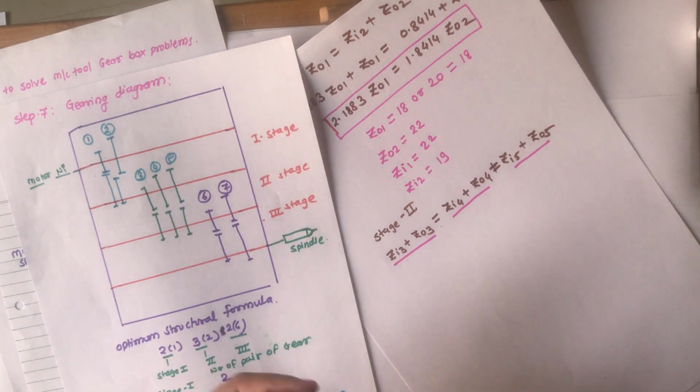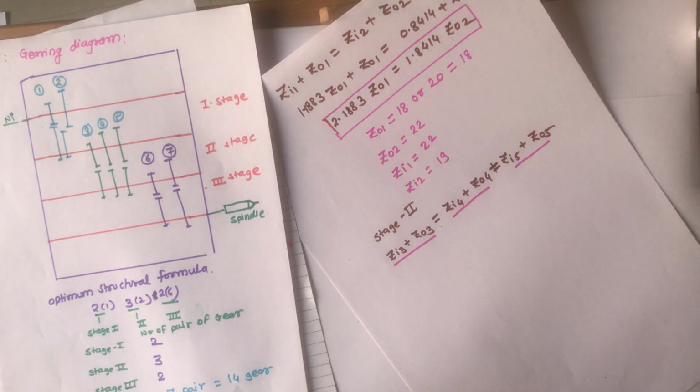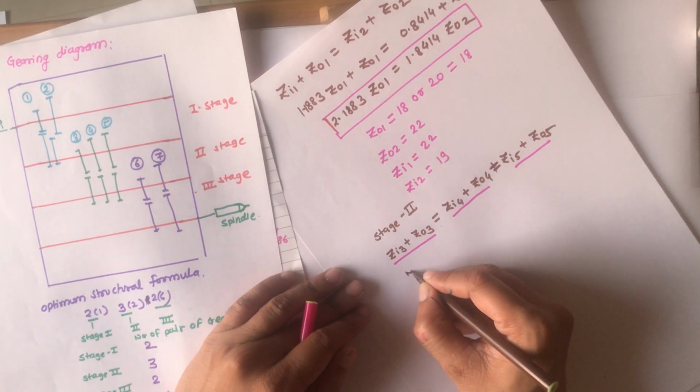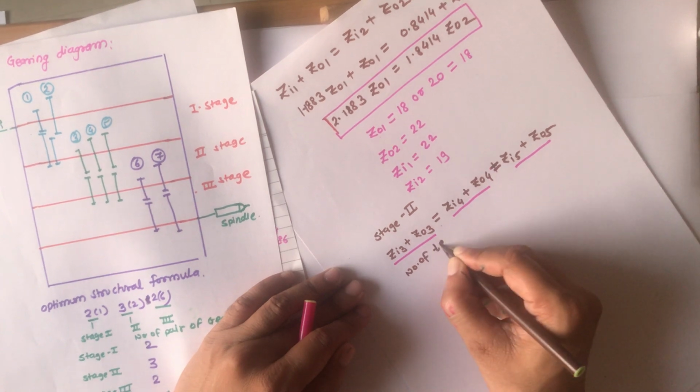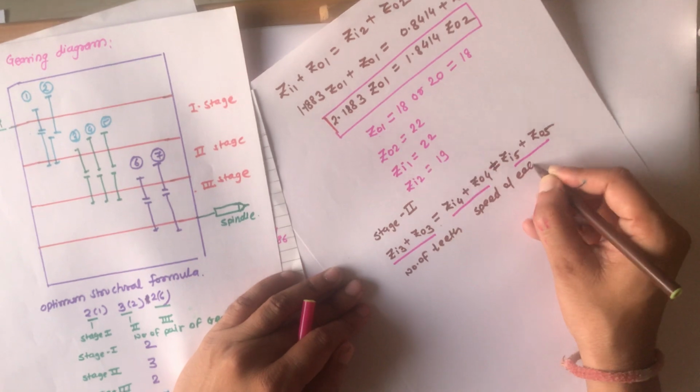So again, write down the number of teeth and the speeds of each gear.